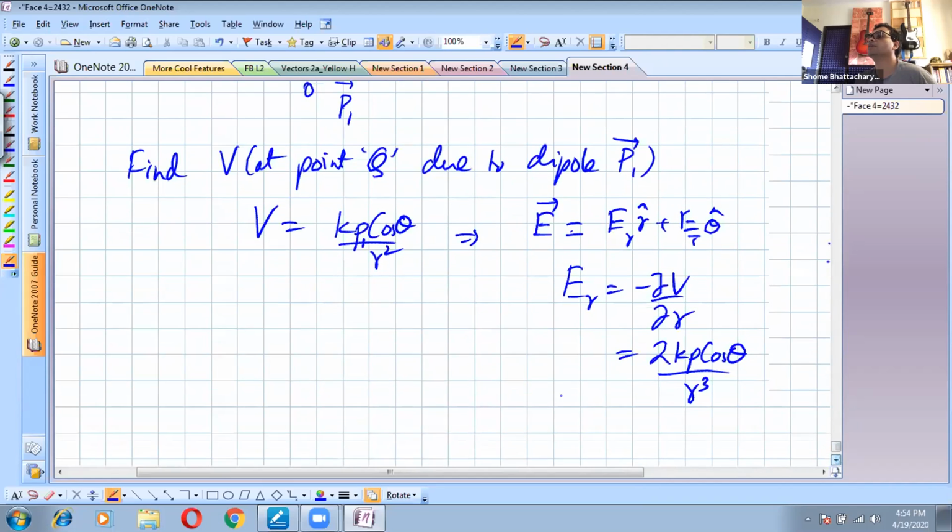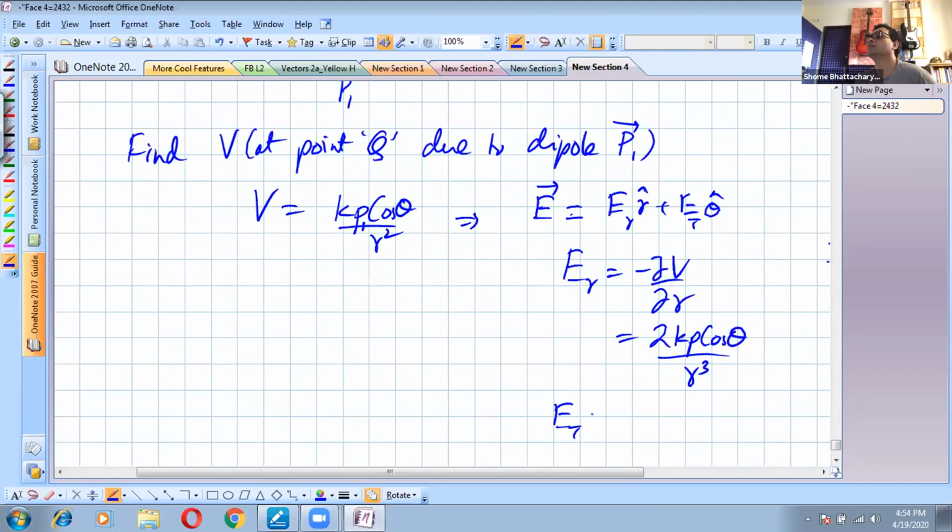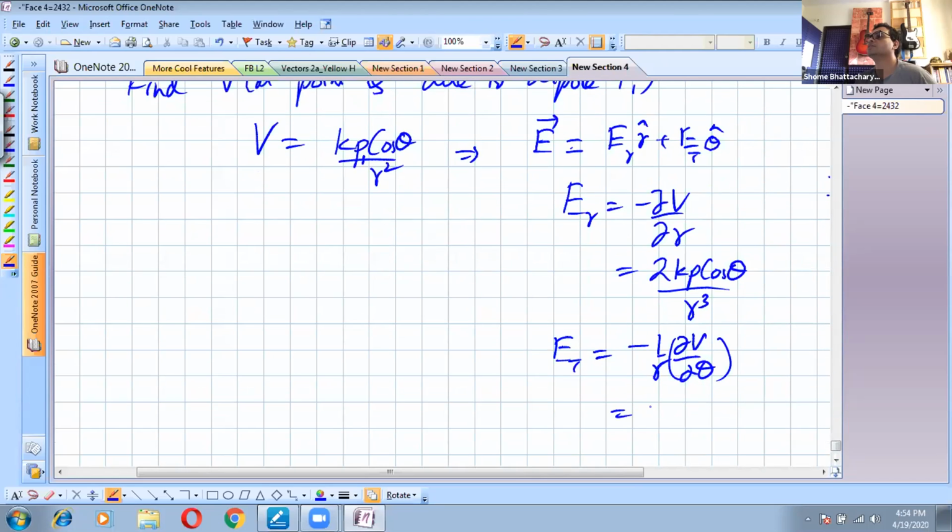The tangential component is minus 1 by r into del V by del theta. This is how we express the gradient in the r theta system. So this becomes K P sin theta divided by r cube. That's not for this question, but it is an easy way of understanding the electric field due to a dipole. But now I will stick to the potential only.